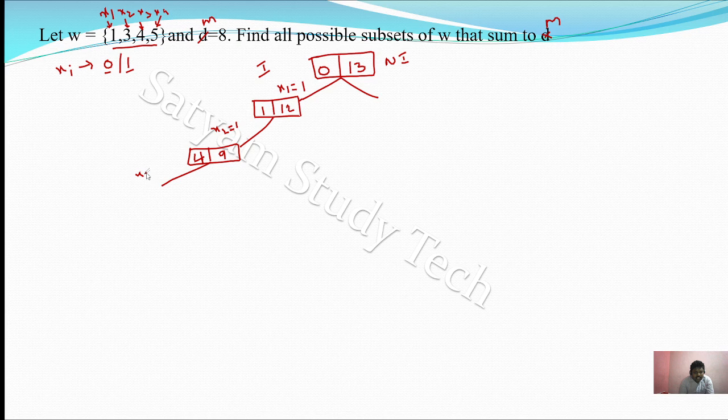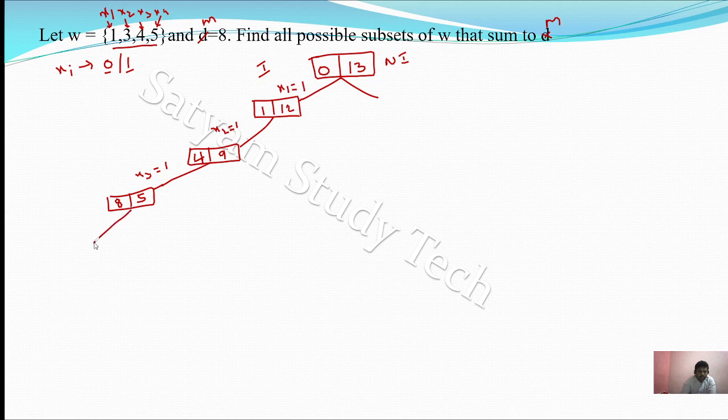And x3 is included, so x3 value is 4, 4 plus 4 is 8. So 4 subtracted from 9, the remaining is 5. So 8 less than or equal to 8, the condition is true.